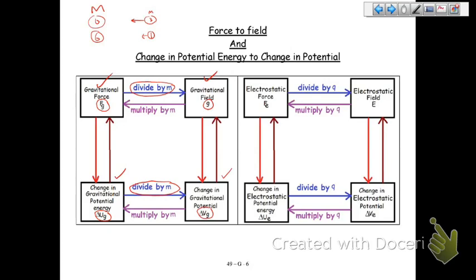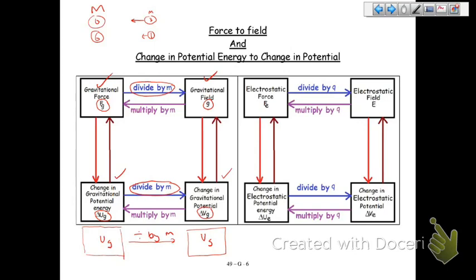And frankly, if you recall, we introduced this idea about just the actual value of the potential energy at a height. Not the change, but the value at a height. And we can talk about the value of the gravitational potential. You're going to divide by m. So you want to go from the left-hand side of this diagram to the right-hand side, divide by m.